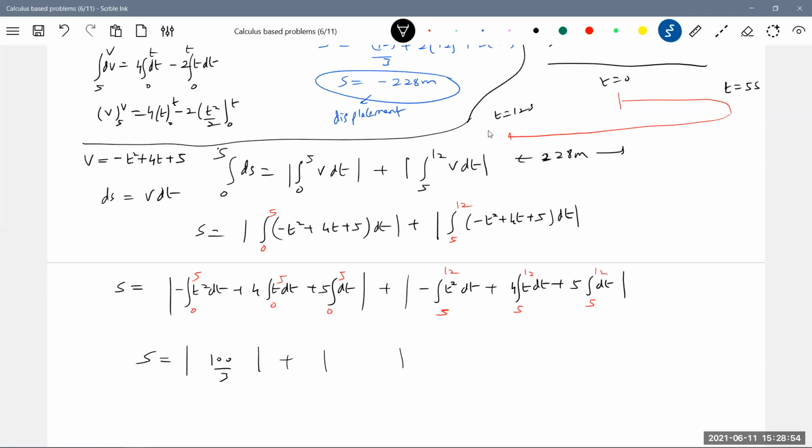Because this is 100 by 3, no? 100 by 3 plus 228. That should be the value of this one. I'm using logic. 261.3, sir, if we add 100 by 3 plus 228. After adding 100 by 3 plus 228, I'm getting 261.3.